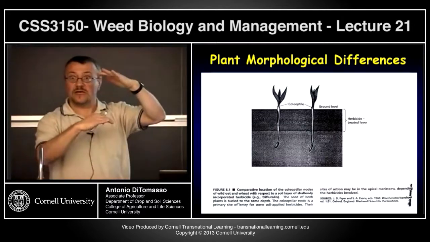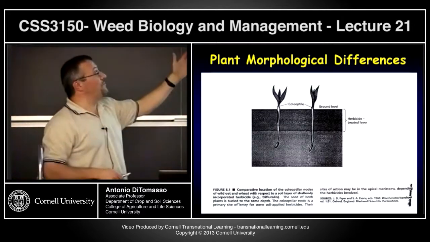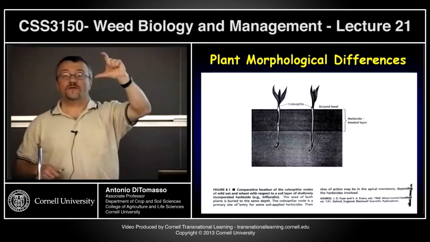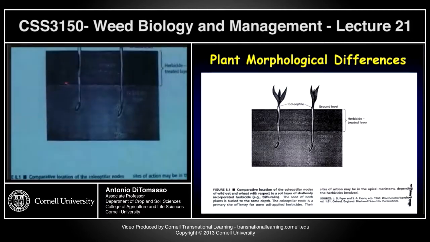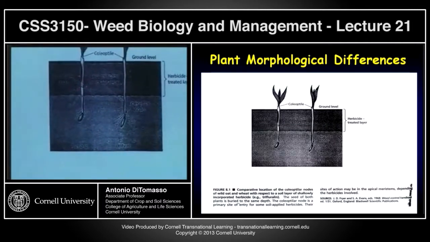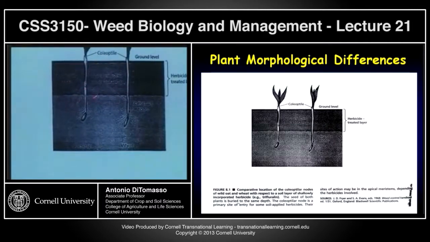Or even if this is PPI, let's say to 4-inch depth, the active zone that picks up the herbicide for the wild oats is right in the herbicide-treated area, so it is going to be taking this product constantly. It's going to be killed because it's in contact for a long time.